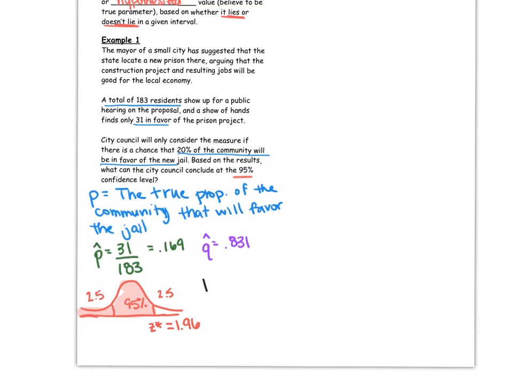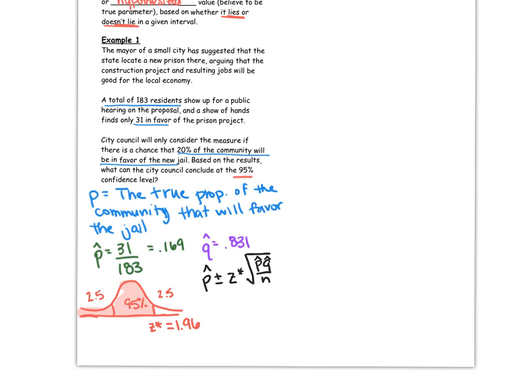The interval is P hat plus or minus Z star times the square root of P hat Q hat divided by N. That's the actual interval. Do I have all this stuff available to me right here? Yes. Let's plug it in.